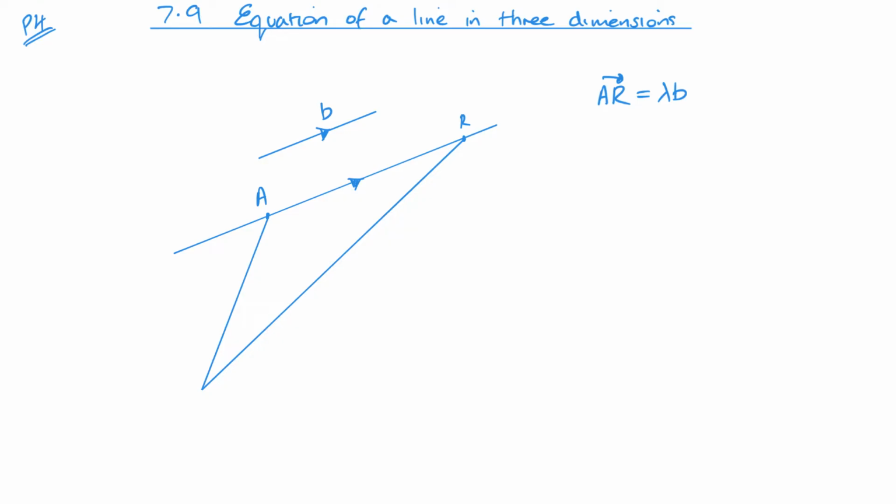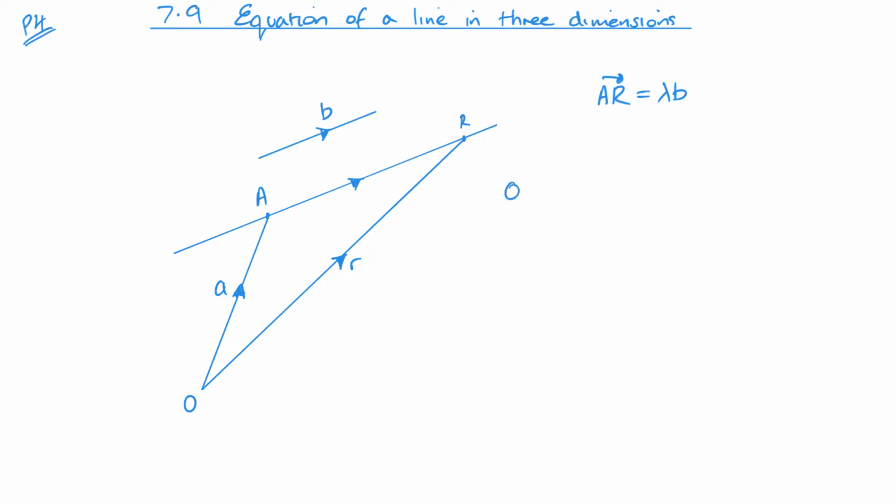So now I've joined both A and R to the origin, then the position vector of point A is going to be vector little a, and the position vector of point R is going to be little r.